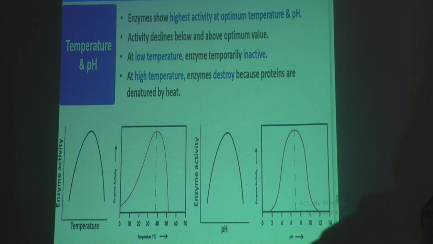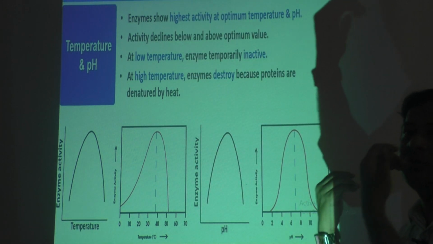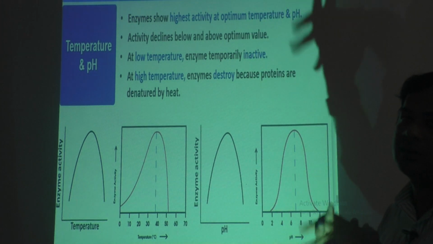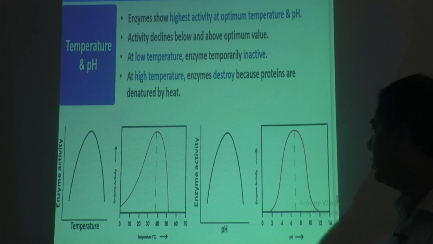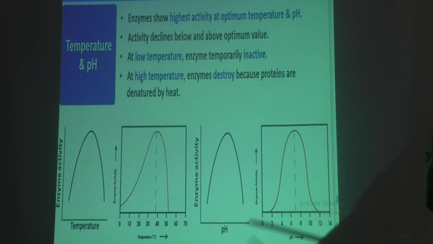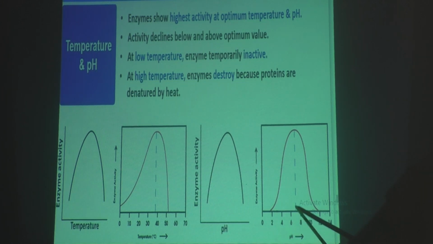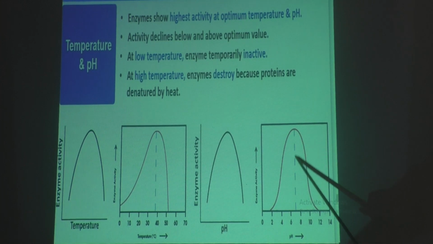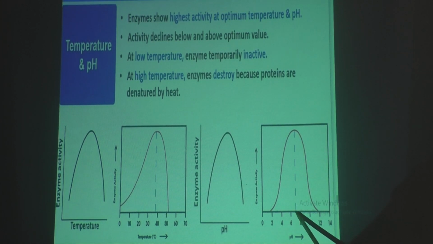The enzyme will denature, meaning the enzyme will die. After death, what? Nothing. So they are showing only till 70 degrees. Okay, pH they are showing from 0 to 14. You know pH, where 0 to 7, the dotted blue line you see here is pH 7. In between 6 and 8, that is neutral.